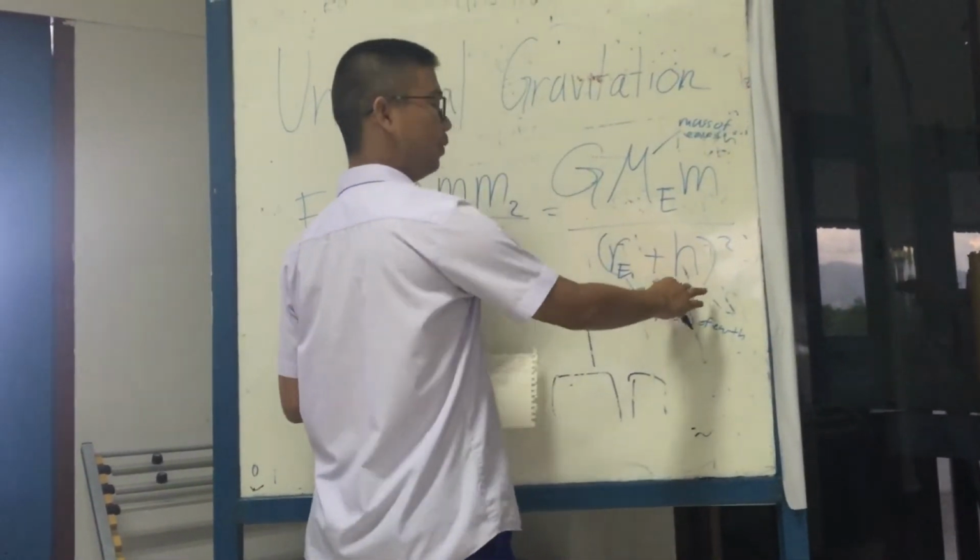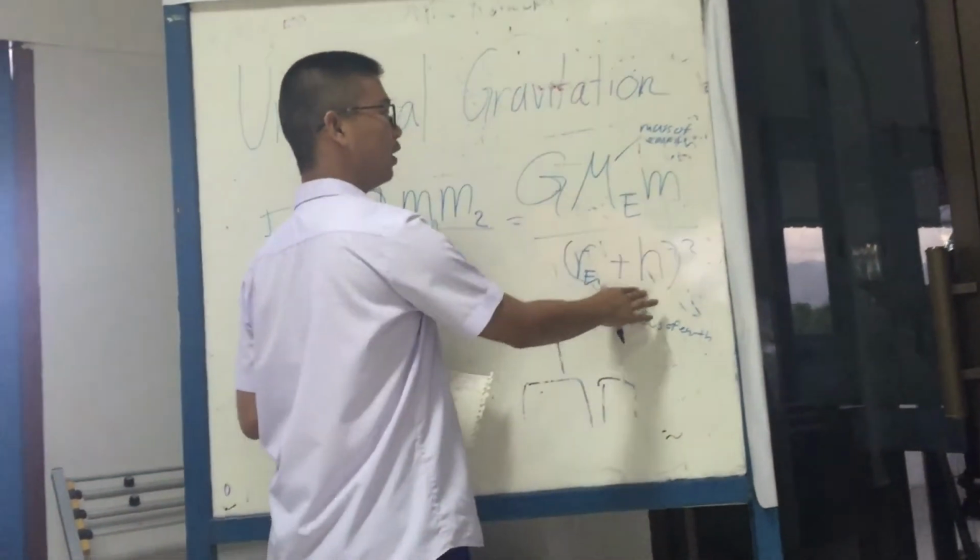And the distance is from the radius to the object.